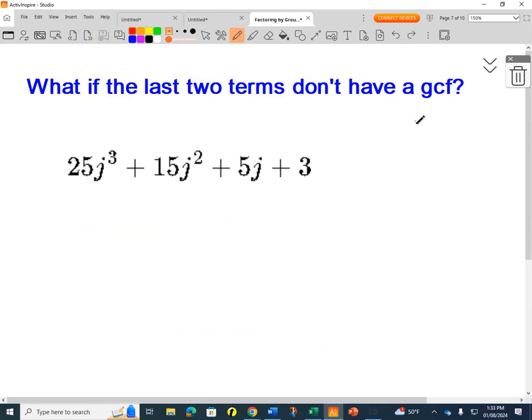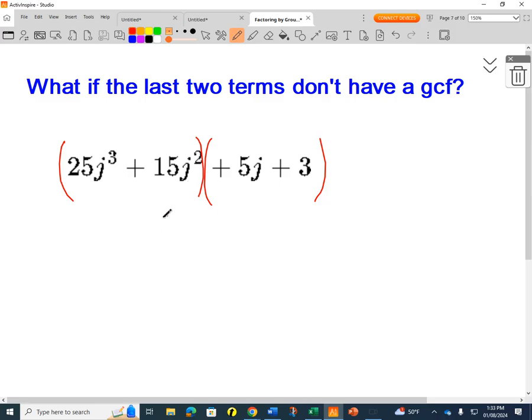What if the last two terms don't have a GCF? So let's go ahead and group them. What do our notes say to do if they don't have a GCF? By one of the stars. Very good. If it doesn't have a GCF, we're going to use 1. So let's first find the GCF of 25j cubed and 15j squared, because step 1 is group them.